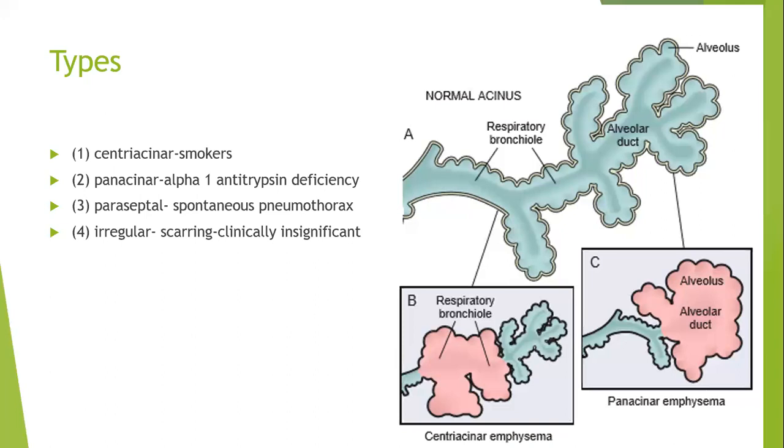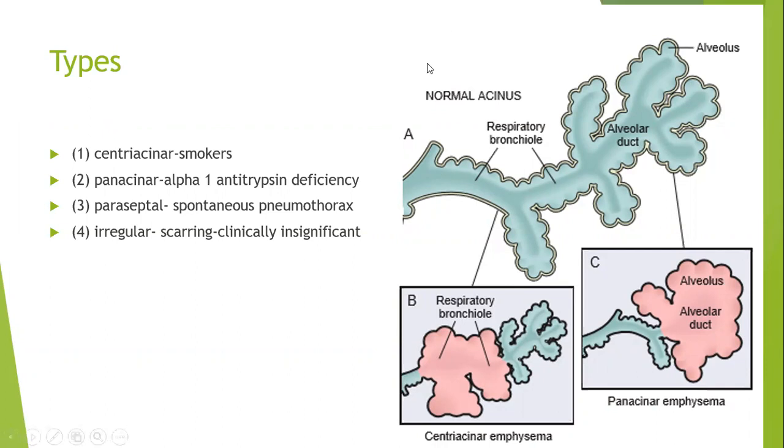The panacinar type is usually seen in alpha-1 antitrypsin deficiency. In panacinar type of emphysema, initially the alveolar duct and the alveolus enlarge, but eventually the entire respiratory unit ends up enlarging. Paraseptal and irregular types of emphysema are very rare.